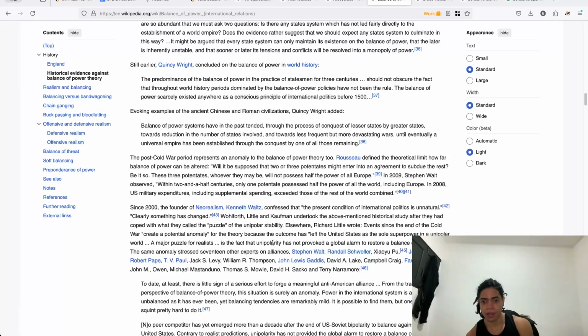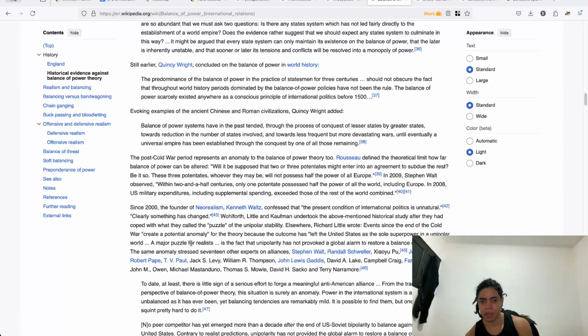It is the fact that unipolarity has not provoked a global alarm to restore a balance of power.